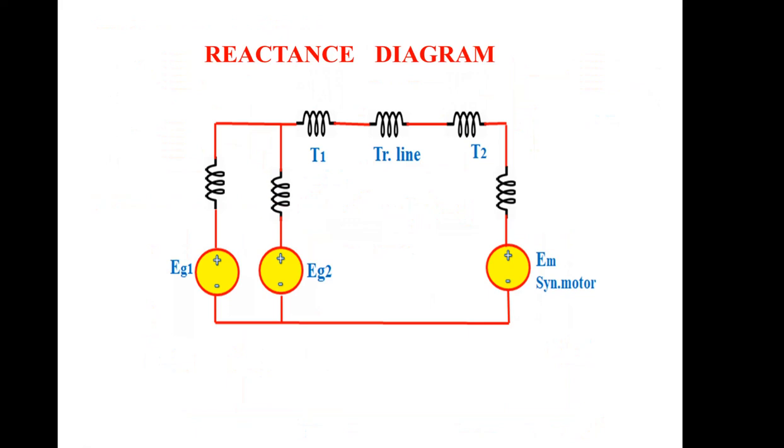Next is the reactance diagram. As I told already, this is for fault condition calculations, to analyze the fault calculations. These are constructed when the system is balanced. What data are to be neglected?